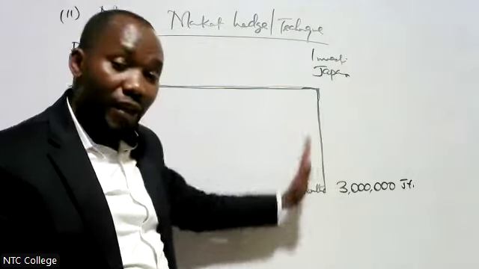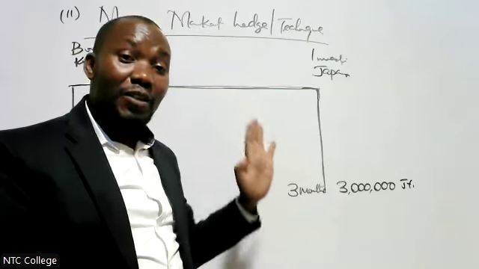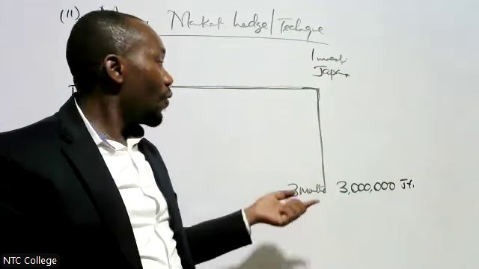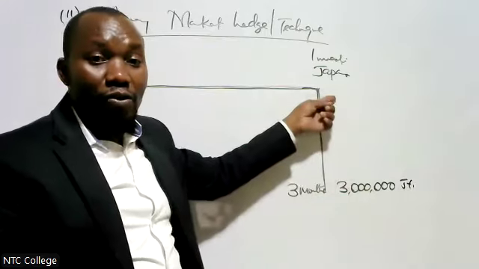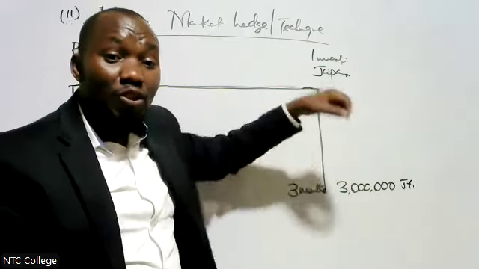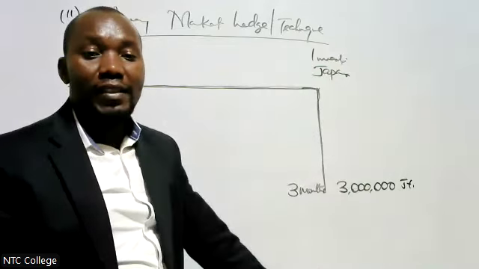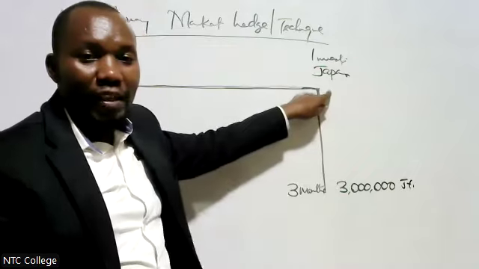So now we are in Japan, as if we are standing there. We ask ourselves, in 3 months' time, when we come back here we should have 3 million Japanese yen. So how much should we invest now to give us that amount? When it matures it will be 3 million. We simply use it to pay our debts. So how much do we invest today?